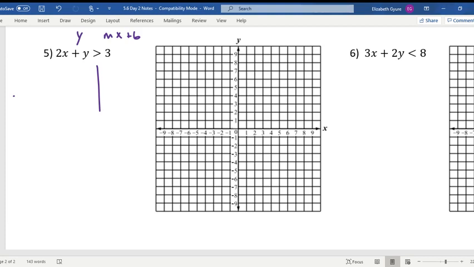Should 2x stay or should it go? All right. Nick, what do you think? Should 2x stay or should it go? Yeah, it should go. We only want y on the left. So 2x needs to go. And remember, when it goes, we want to switch it to a negative 2x.